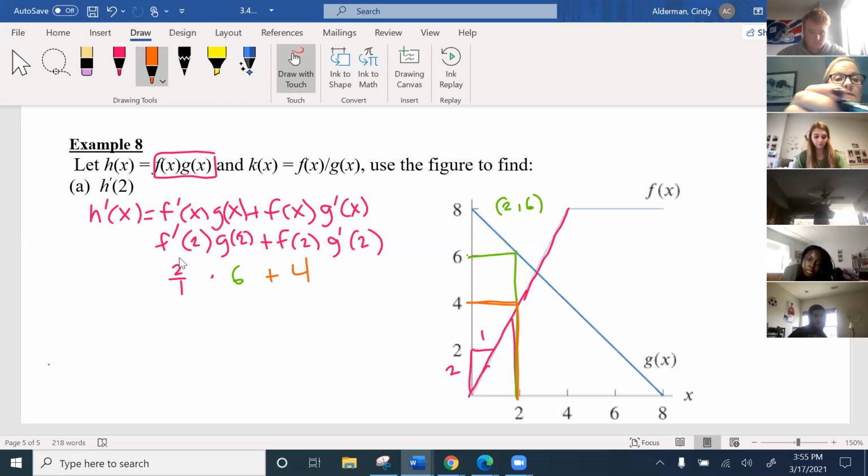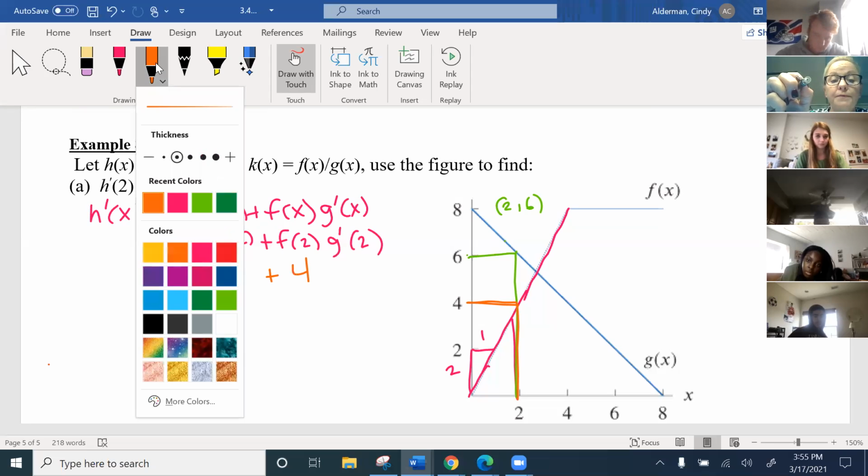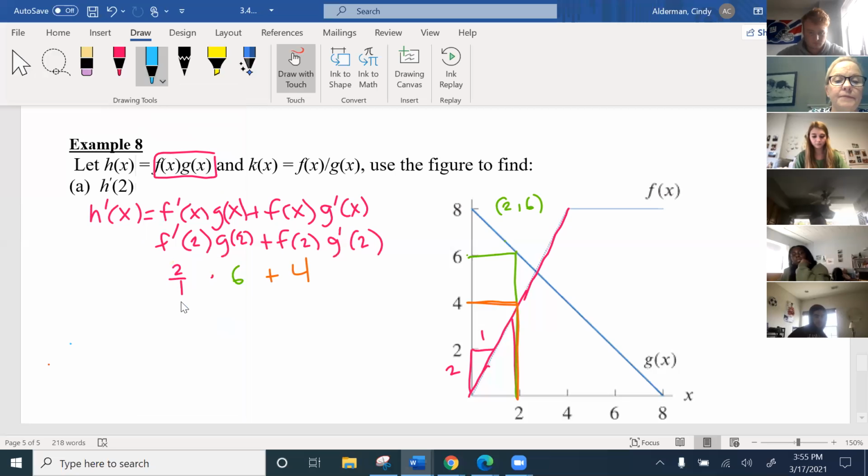And g prime means the slope. So the slope at 2 on g, oops, sorry, use that color. So g prime of 2. So on the g graph, the slope is the same everywhere. So it wouldn't matter anywhere on the graph. It's always going to be the same, right?